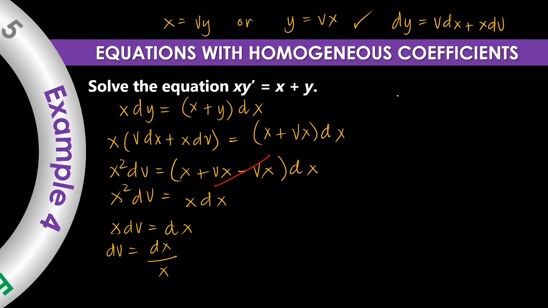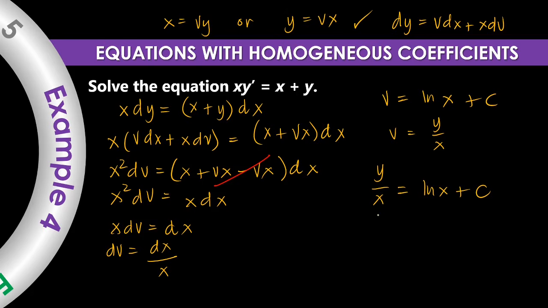Integrating both sides, we will get v equals ln of x, of course, plus c. Again, use back substitution. V should be replaced with y over x. So y over x equals ln of x plus c.